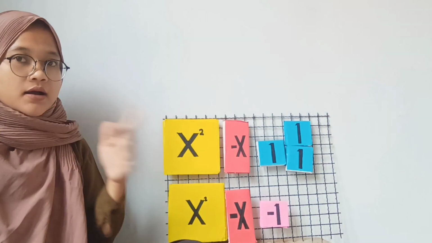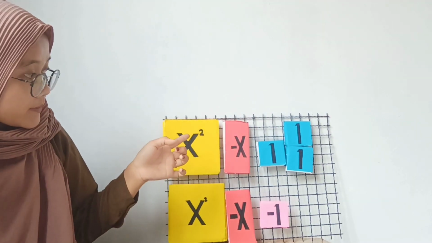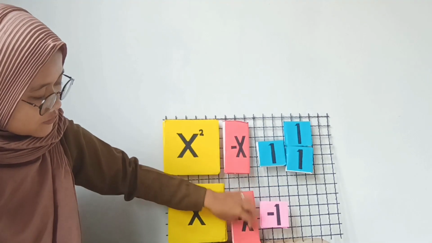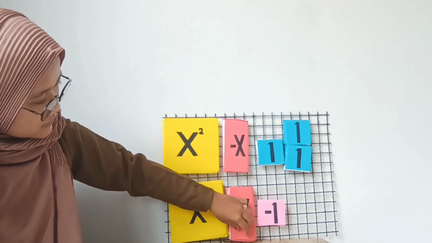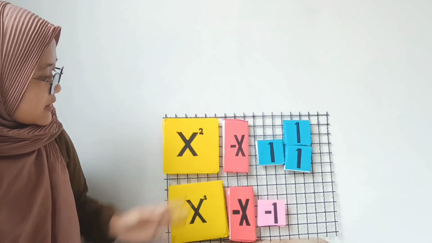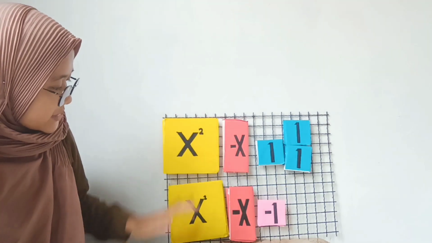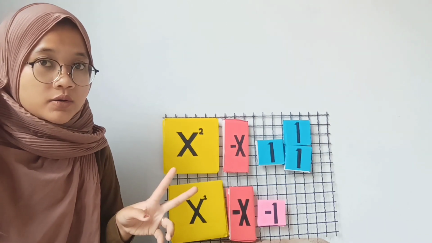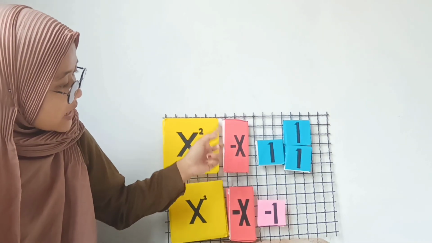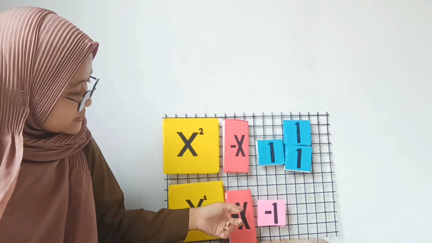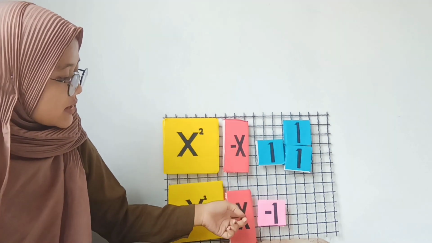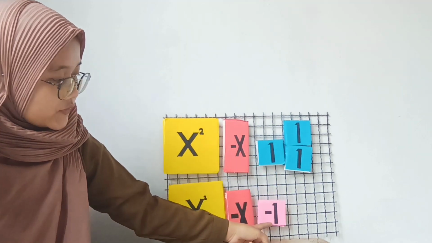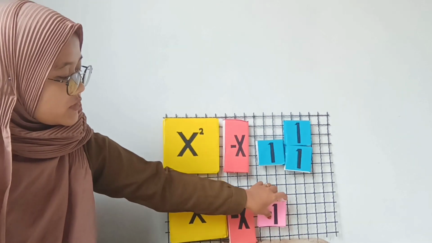The next, I will do addition of the two equations. Okay, in here, I'm sorry. Okay, the next, when x squared plus x squared together with 2x squared, and then when negative x plus negative x together with negative 2x, when 1 plus negative 1 together with 0.